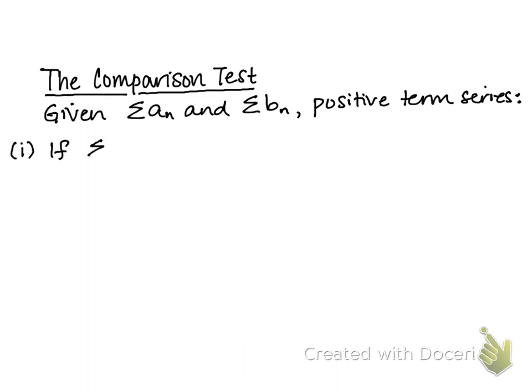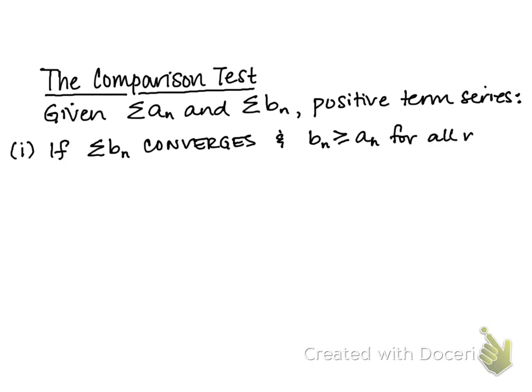So, rule number one. If the series of nth term b sub n converges and b sub n is greater than or equal to a sub n for all n, then series a sub n converges.